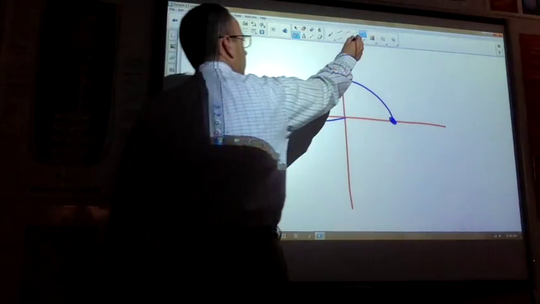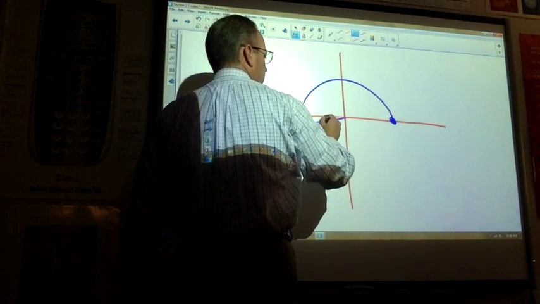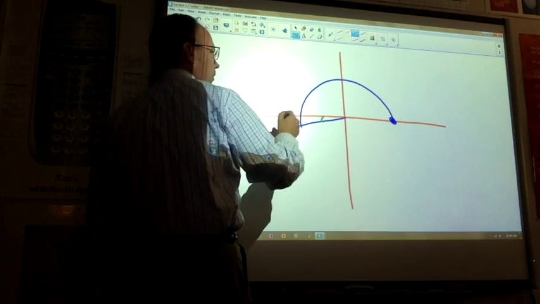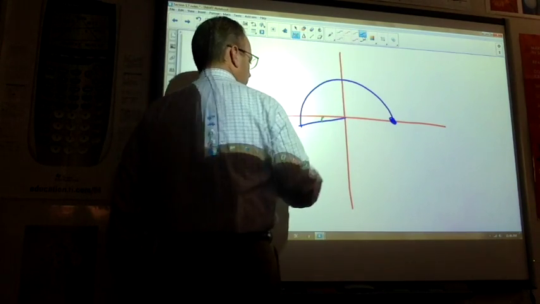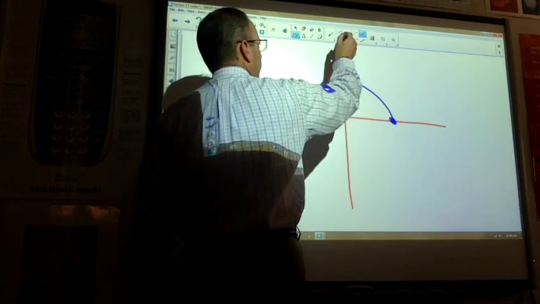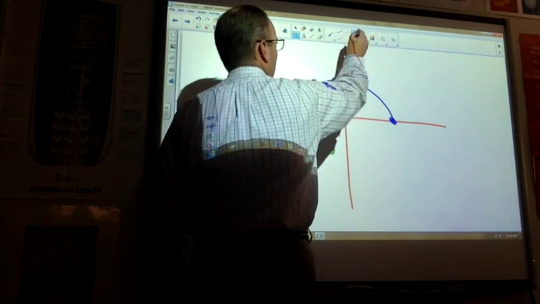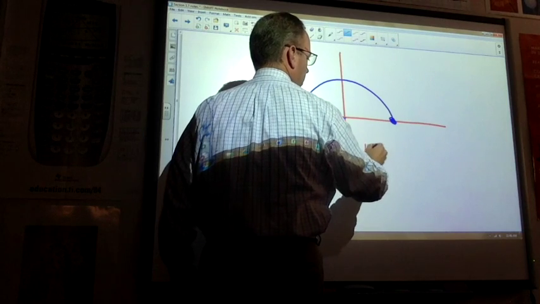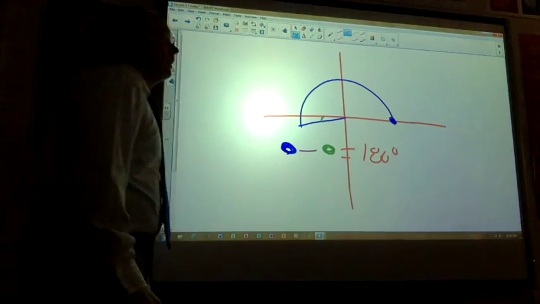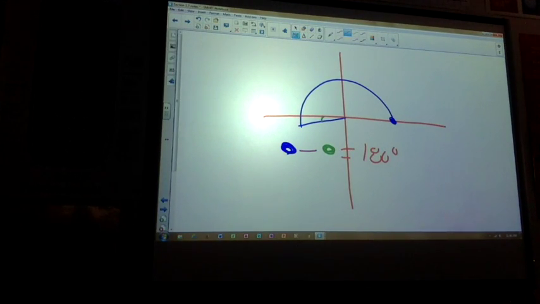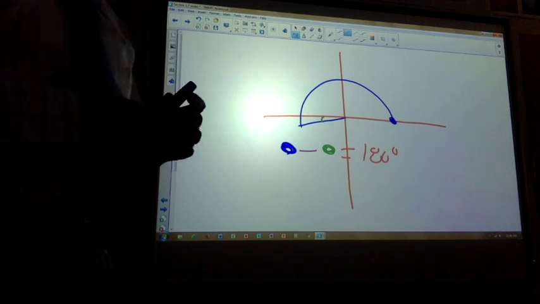And then, having this be a 2-degree angle, if I were to go the blue minus the green, I would get 180 degrees. So, is it real? Can we do that? I don't know. I mean, it might be something we could start exploring a little bit later.